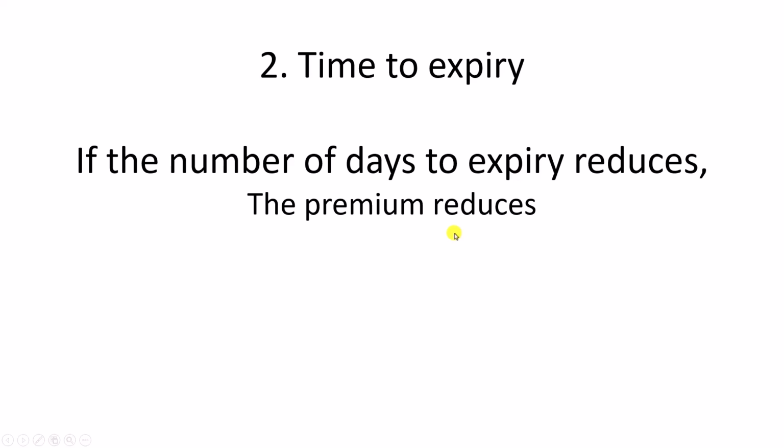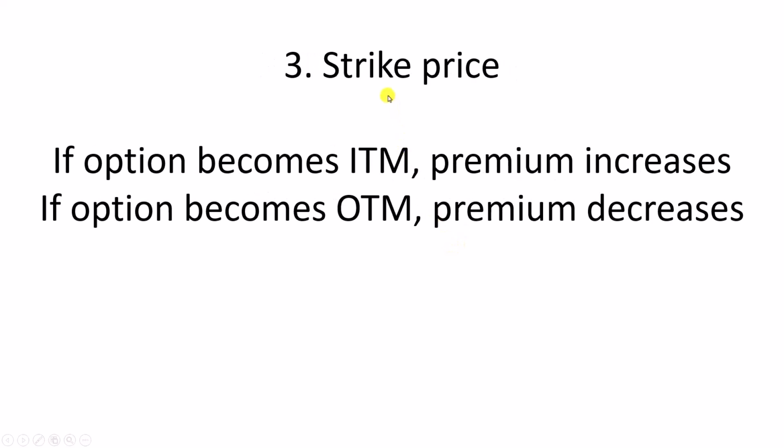Okay? Because both call option and put option are dependent on the time factor. So, if the number of days to the expiry reduces, then the premium of both call option and put option reduces.